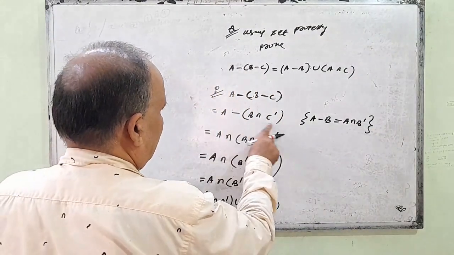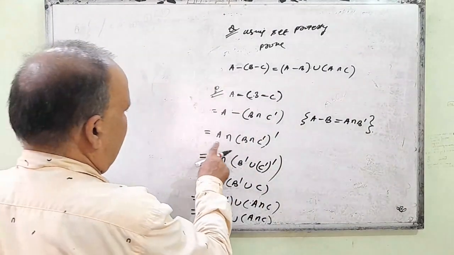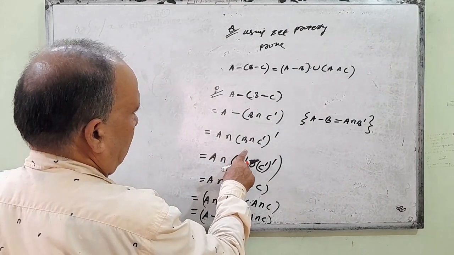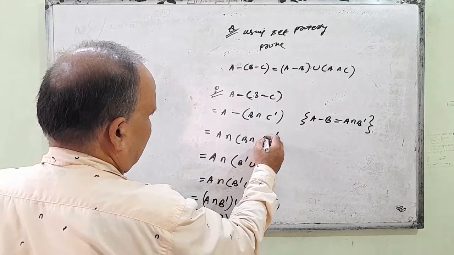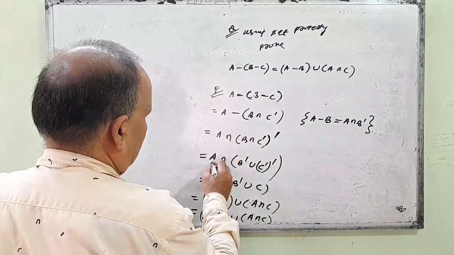Similarly, A minus B intersection C dash means A intersection B intersection C dash dash, complement of a complement.